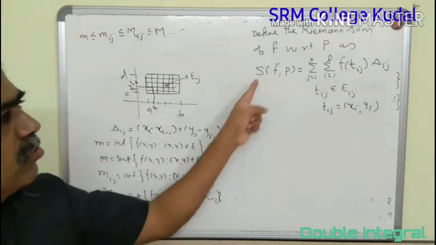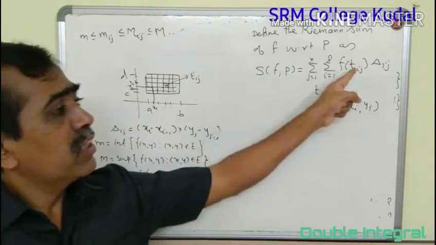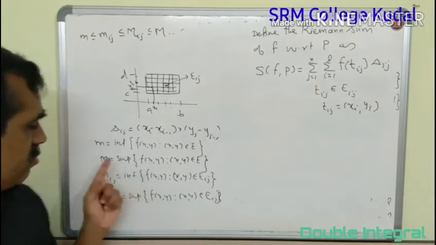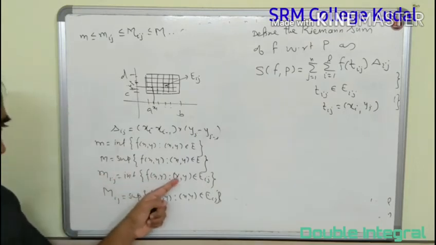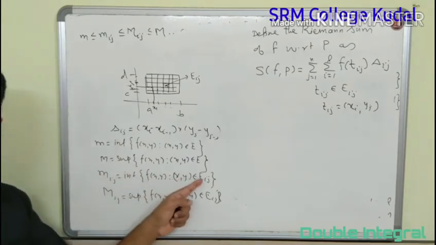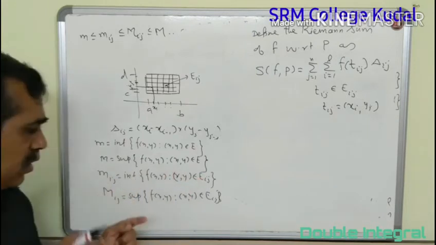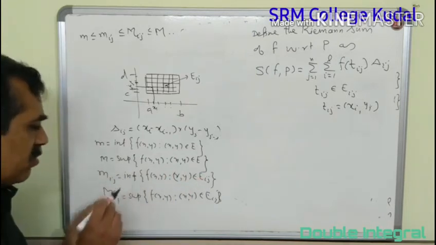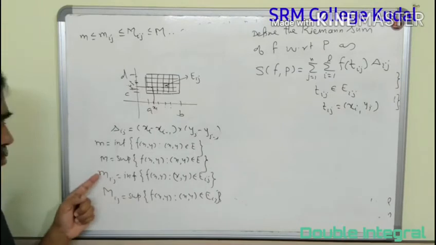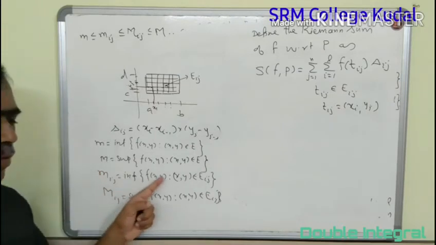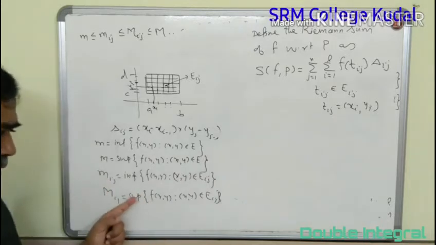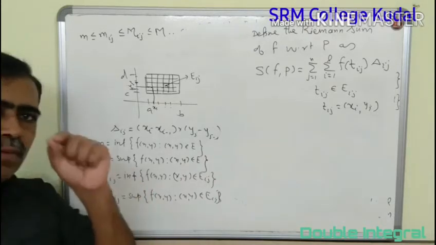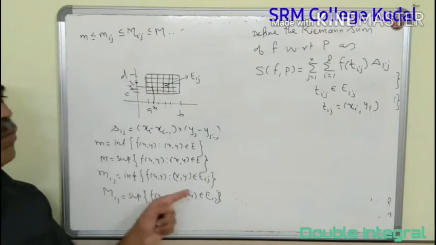Okay, so this is the value of the function at any point, but now we define the value of the function f at any point of Eij, which is the infimum. So small mij is the infimum value of the function at any point of Eij. Similarly, capital Mij is the supremum value of the function f at any point of Eij.